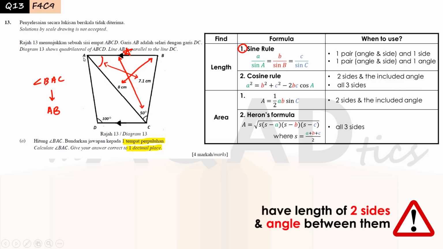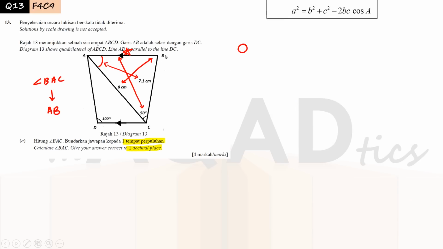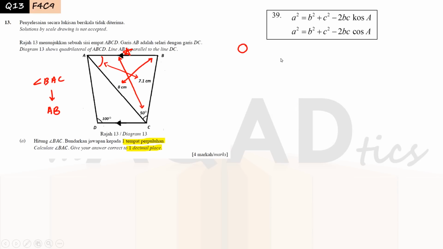The two sides are AC and BC, because their lengths are already given, and the included angle is the angle between them. So with the two sides and the included angle, we can use the cosine rule to find the line AB. Okay, so let's use the cosine rule.